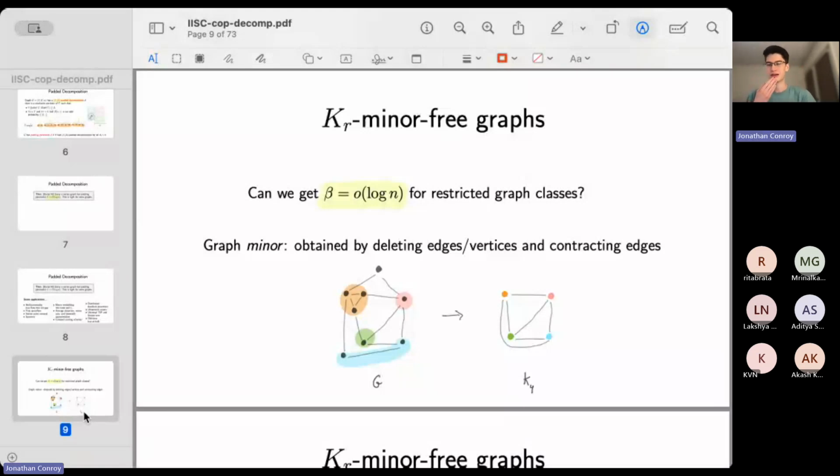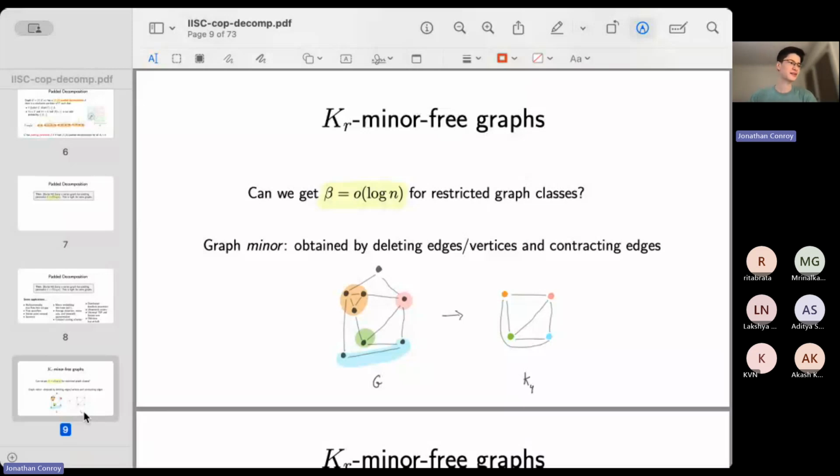Okay, so in this talk, we're going to be looking at K_r minor-free graphs for constant r, or you should imagine that r is something smaller than n. And then we ask, in this minor-free graph, what sort of padding parameter can we get?